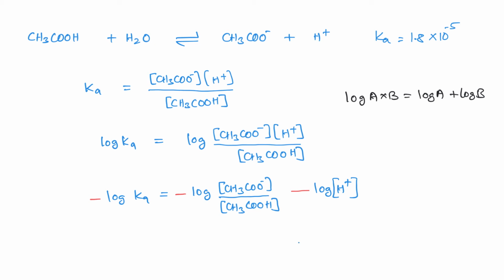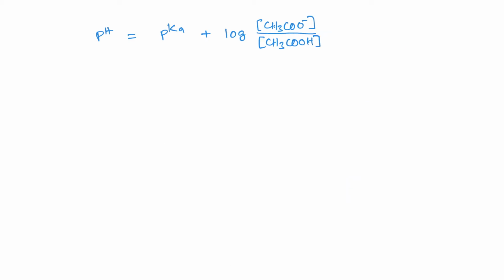The negative log of H+ ion concentration can be written as pH, and in the same way, the negative log of Ka can be called pKa. If we isolate the pH term in the earlier equation, we get pH is equal to pKa plus log concentration of acetate ion divided by concentration of acetic acid.